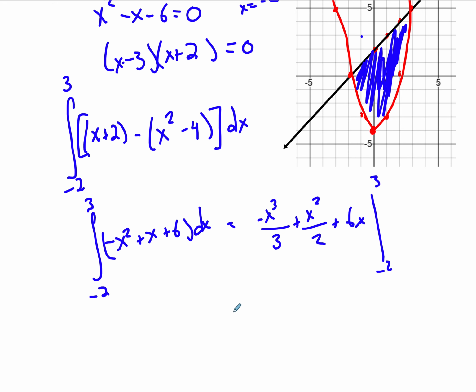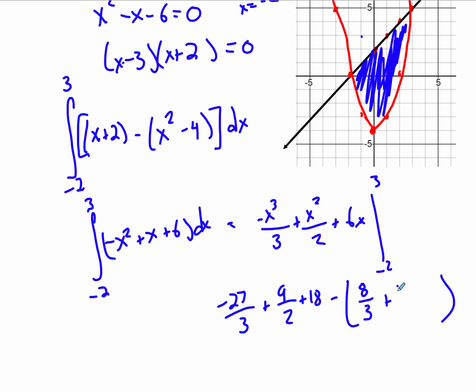So first we plug in 3, so it's negative 27 thirds plus 9 halves plus 18. Then we plug in negative 2, so that would be negative 8 thirds, so it's positive 8 thirds because it's negative minus 8.